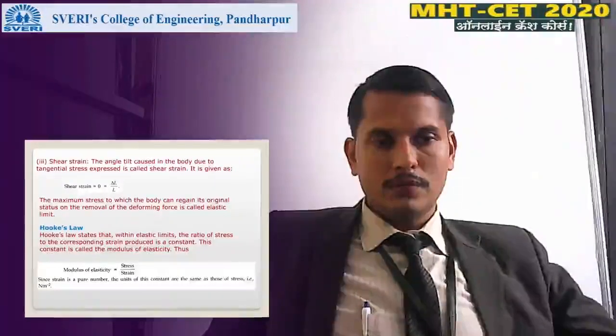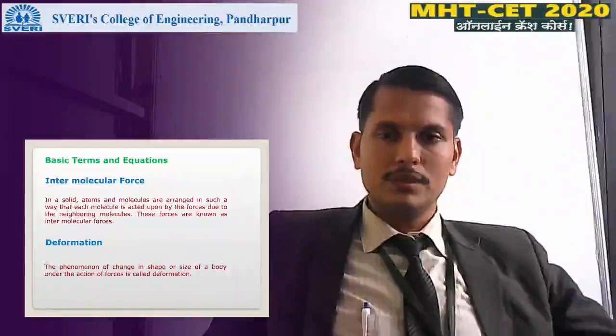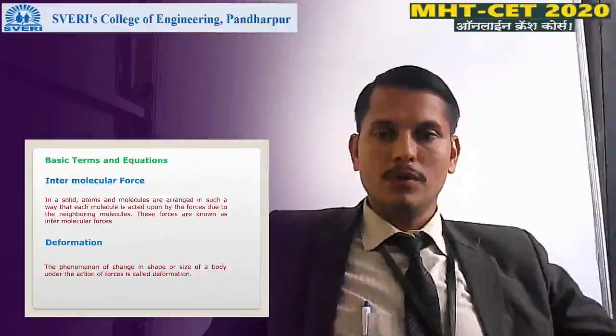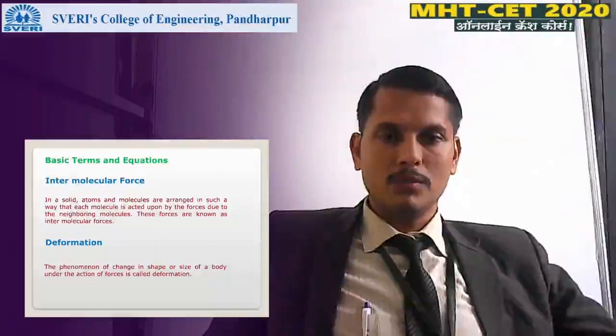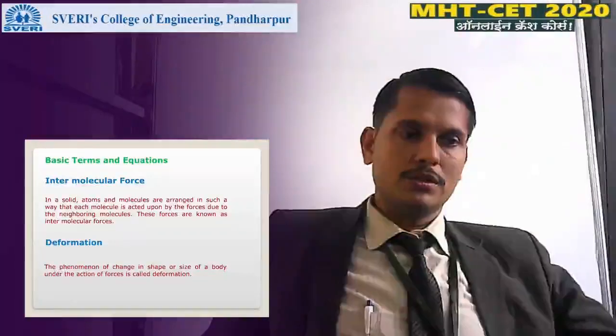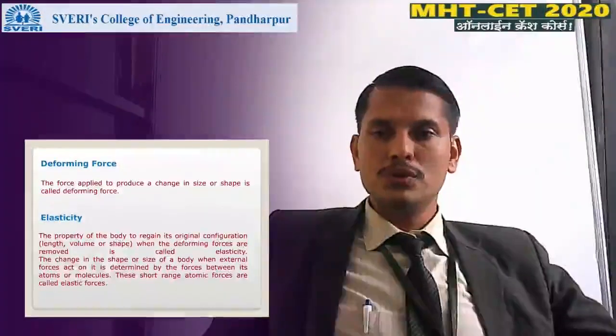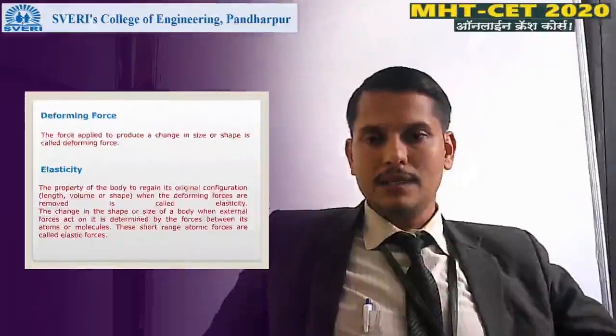So from the first point, if we check, we started with these basic terms: intermolecular force, forces between atoms and molecules, then deformation, that is change in size and shape of a body, which is due to the deforming force. Elastic property of the body, perfectly elastic means what? Elasticity property. What is meant by stress?